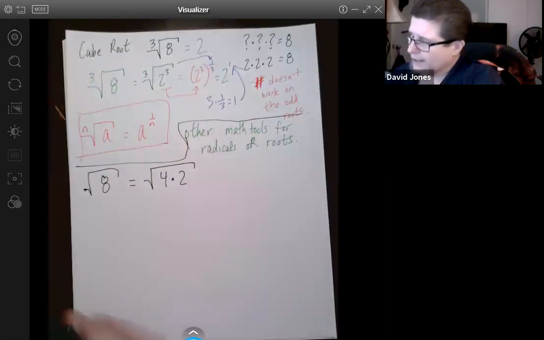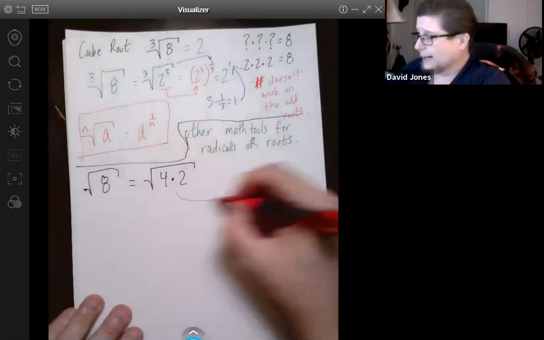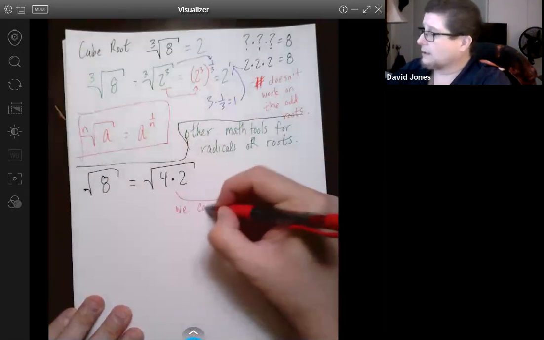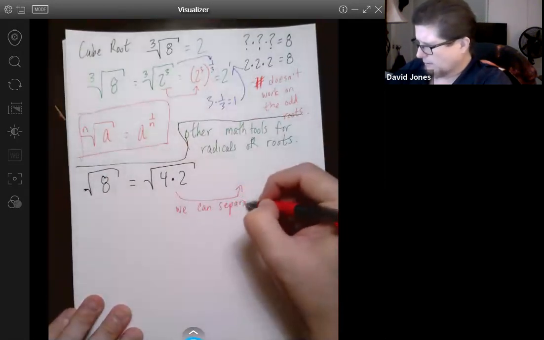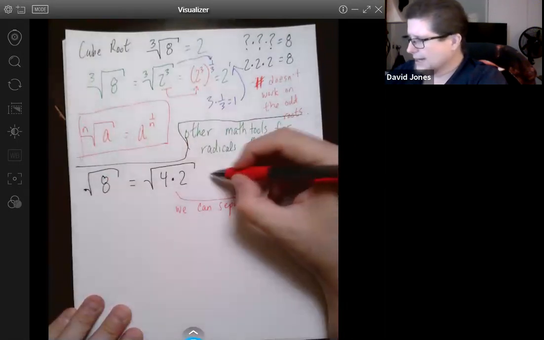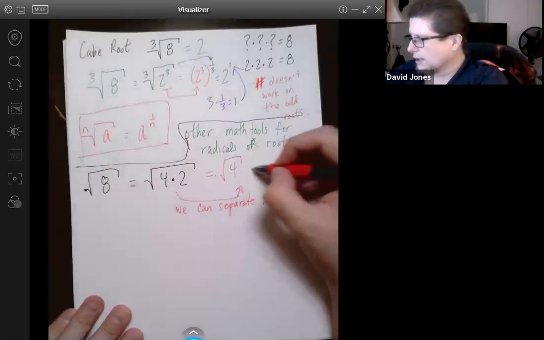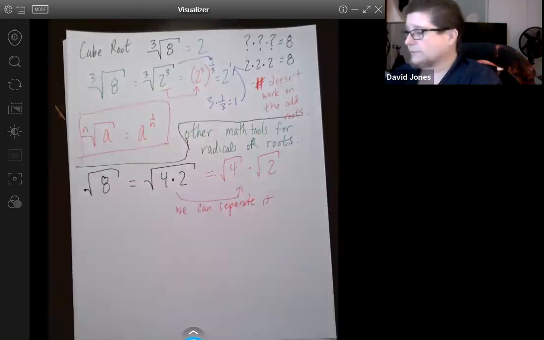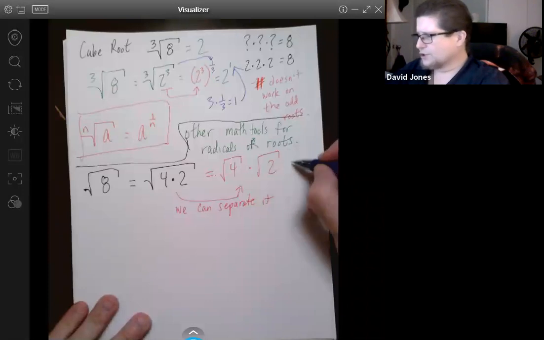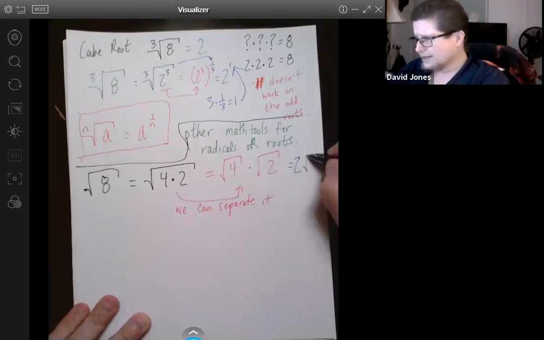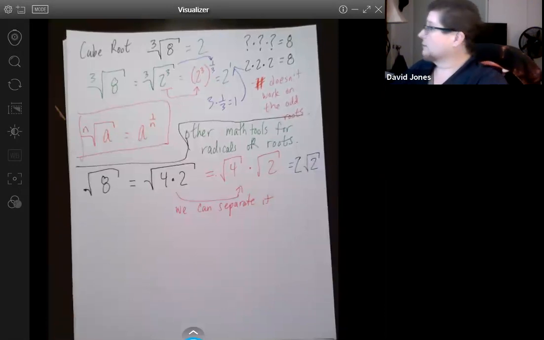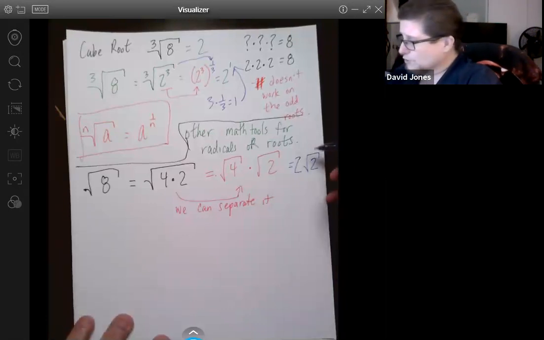And a nifty property of radicals, we can separate it. I can make this the square root of 4 times the square root of 2. And 4 is 2 times 2, so the square root of 4 is 2. And then I still have that square root of 2 there. Okay? So that's the answer for square root of 8.